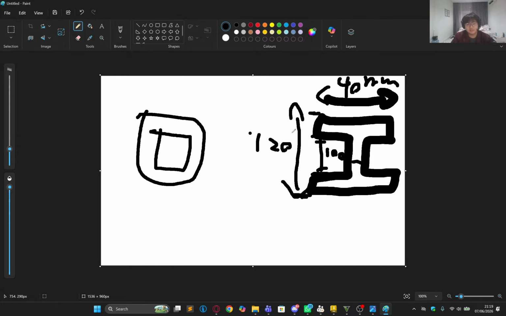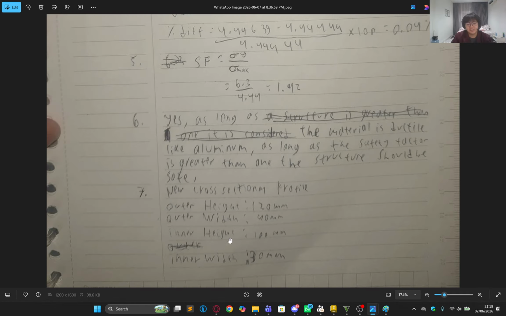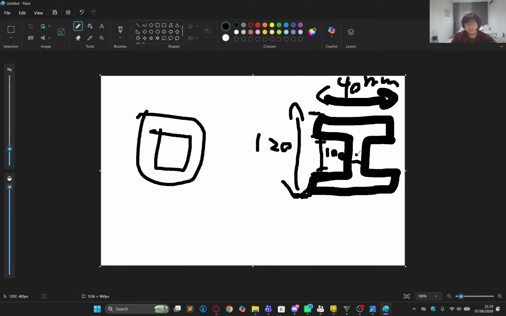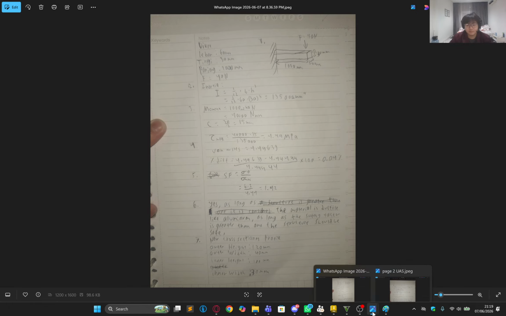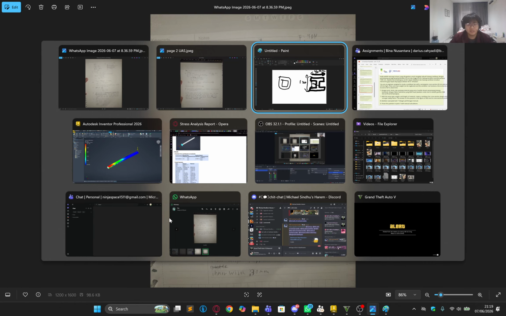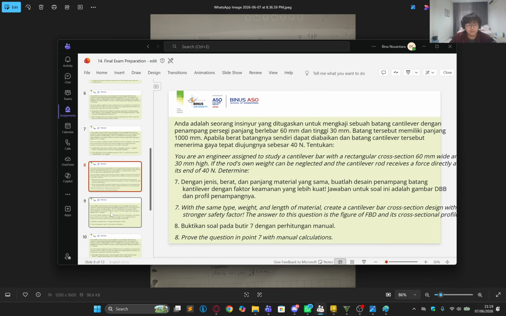So this is 30 millimeters, but in reality this is 10 millimeters in the middle and 10 millimeters at the top and bottom too. So yeah, let's head on to the next one, and then we get to prove it with manual calculations.